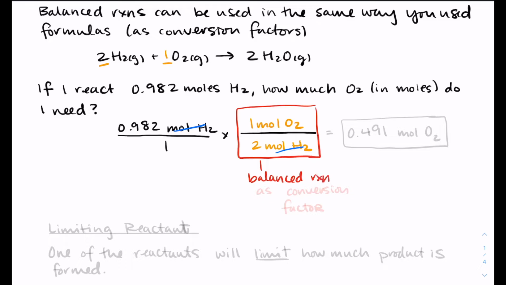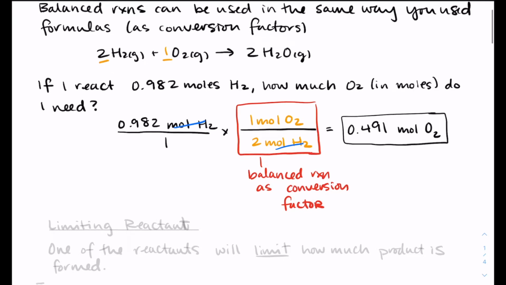So starting from 0.982 moles of H2, I can write this conversion factor. They're equivalent to each other. I could write it with moles of O2 on the top or moles of O2 on the bottom. We are trying to get to moles of O2, so that should be what's on the top, and moles of H2 is on the bottom, so that moles of H2 cancels.